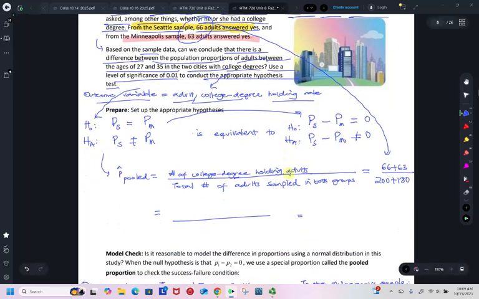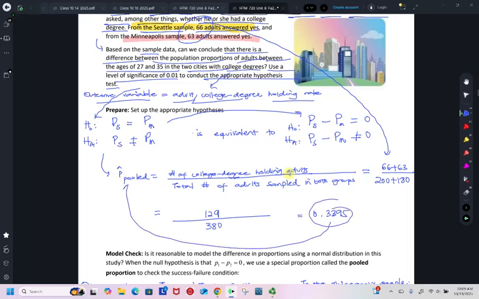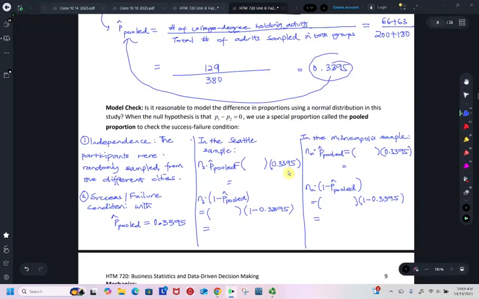That would be equal to 129 out of what? Out of 380. That will give us 0.3395. This is the pooled proportion that will be taken forward to do some model check. All right, from the pooled proportion, we'll set that aside for a little bit.